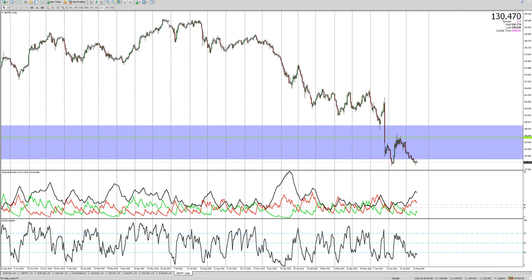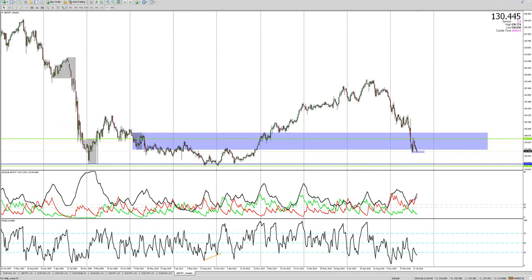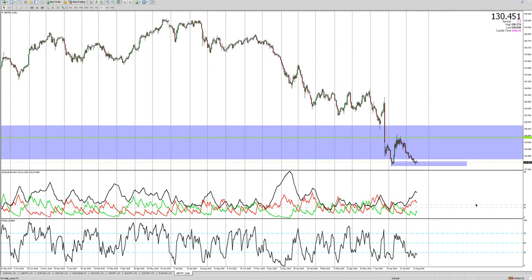So on the daily chart, we see signs of the market. When I did draw down on the daily, give me a second, of being right here inside of a zone. Mind you, this big zone right here is a zone off of the weekly chart. This zone right here that I just drew is a zone off the daily chart.